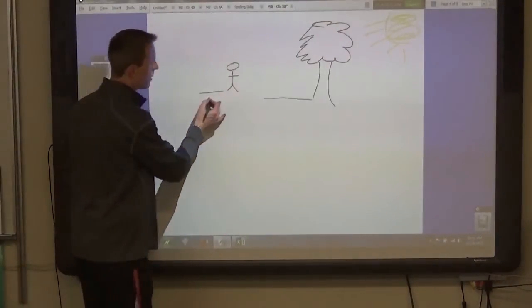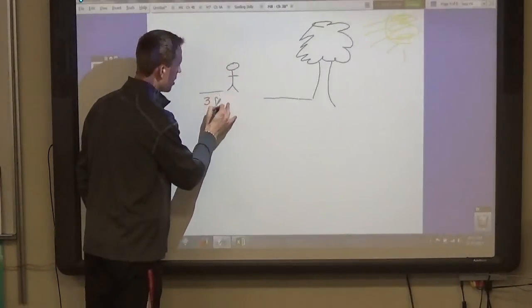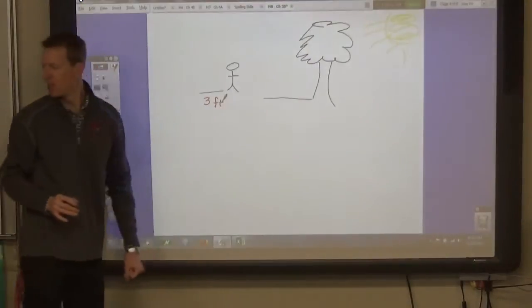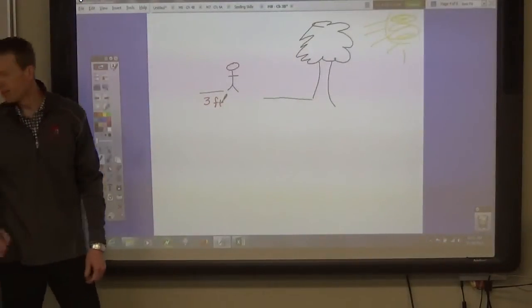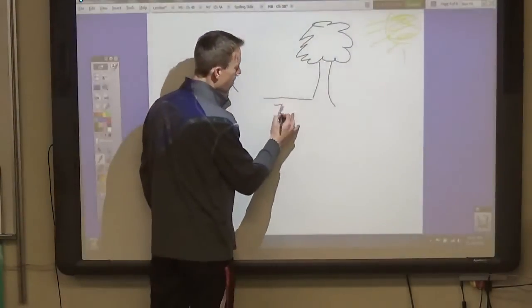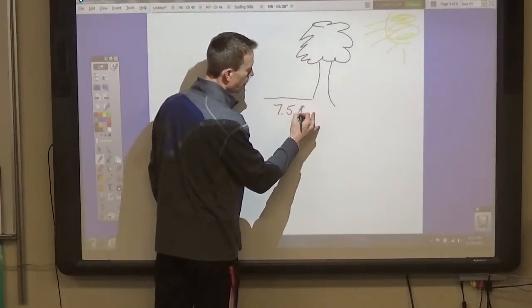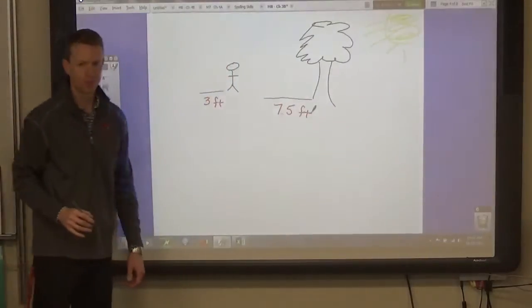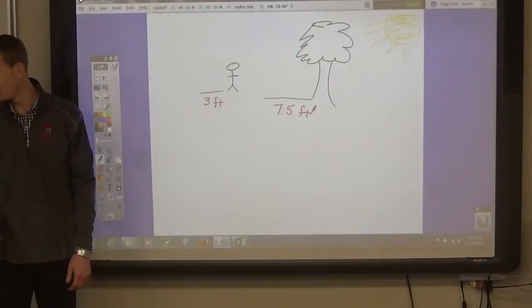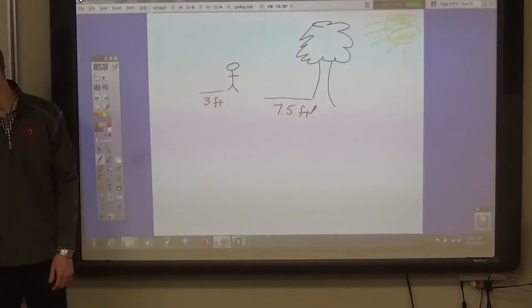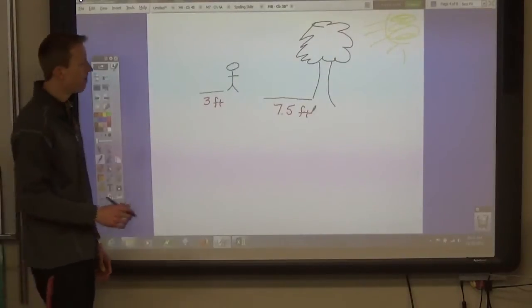It says that the person casts a 3-foot shadow, and the tree casts a 7.5-foot shadow. No way, Keyshawn, no way. And the person is 5 feet tall.